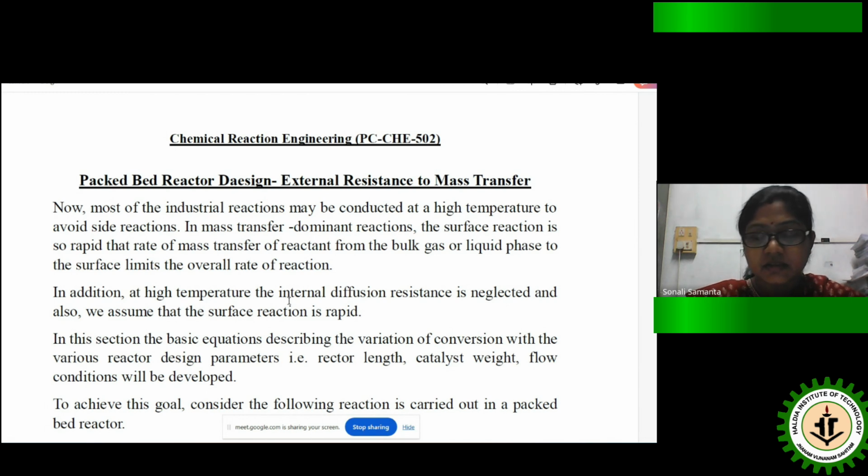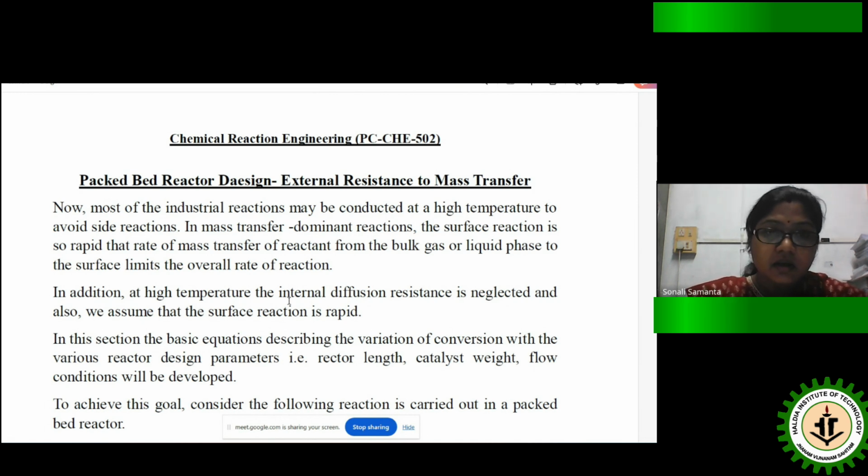So in that consideration, we can assume that the external mass transfer resistance will be high. That means the external diffusion rate will be the rate limiting step, and that will govern the whole reaction rate.